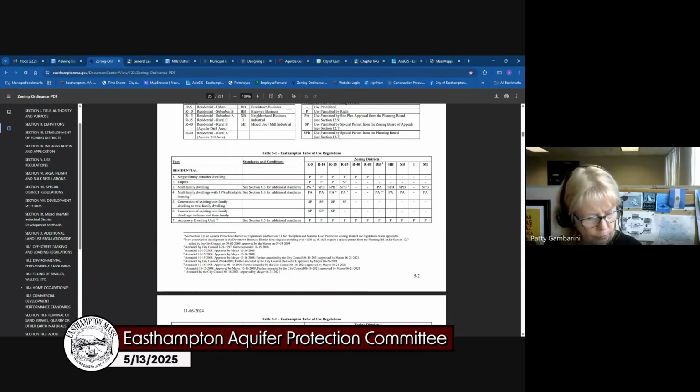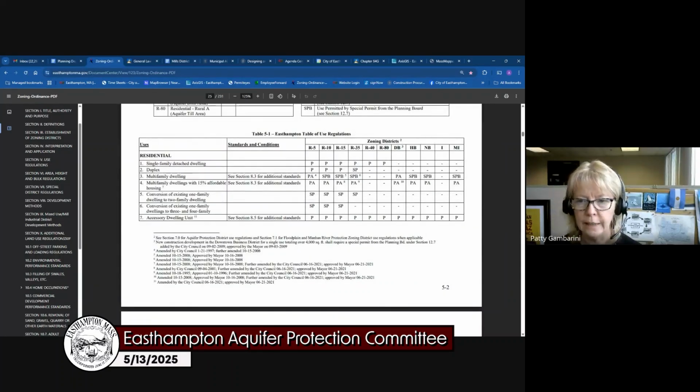All right, I had it highlighted. So single family detached dwelling is already allowed in the Aquifer Protection Overlay District. Accessory dwelling unit is not, so we might want to make that addition.